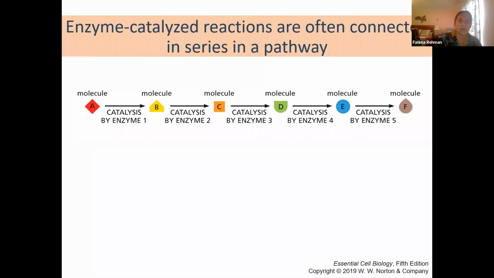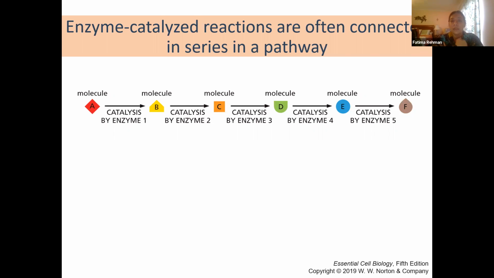Now, enzyme catalyzed reactions usually are never done in isolation. They are usually part of a signaling pathway or part of a metabolic pathway where there are several steps in the process, going from the first molecule that they are working with to the last products that they are getting.